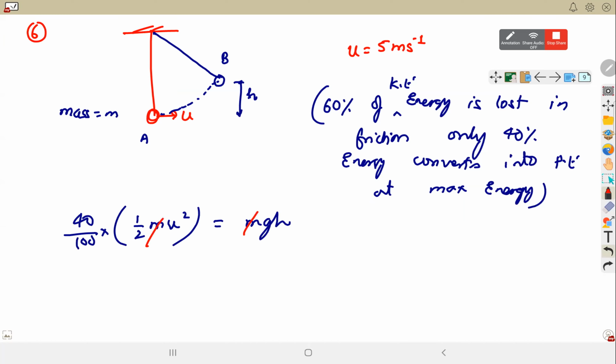M is gone. Speed is given as 5 meters per second. We'll substitute u as 5. So in this case, we are not applying energy conservation. We are using the information given that only 40% of the total energy converts into potential energy.